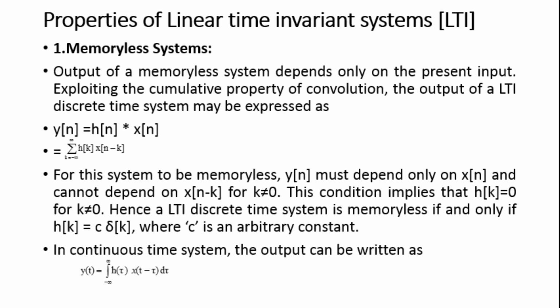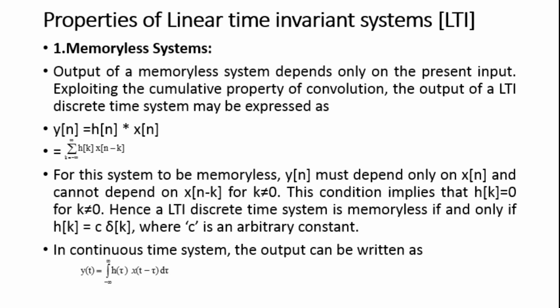Exploiting the commutative property of convolution, the output of an LTI discrete time system may be expressed as y[n] = h[n] convolved with x[n], which is equal to the summation over k from -∞ to ∞ of h[k] x[n − k].